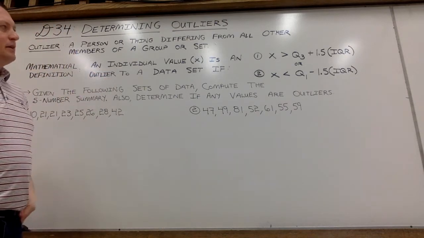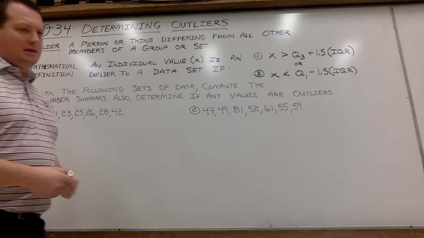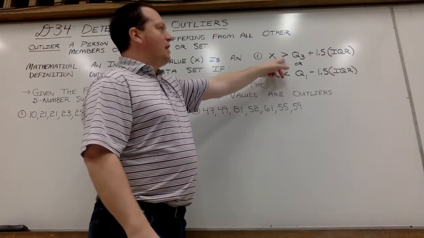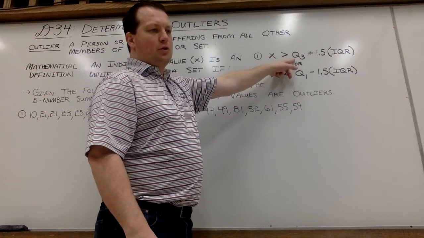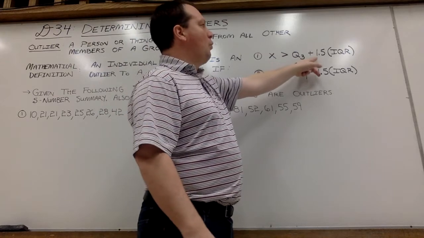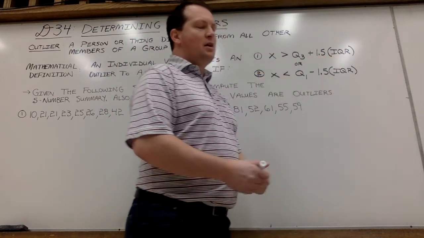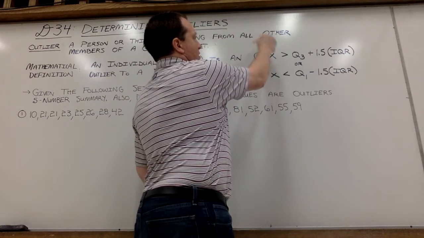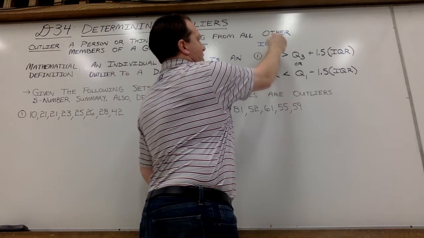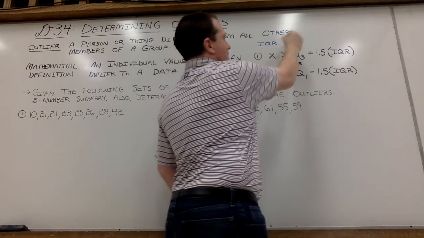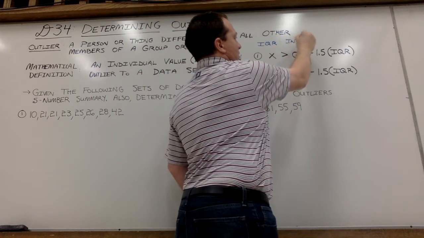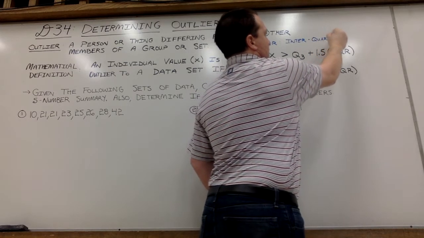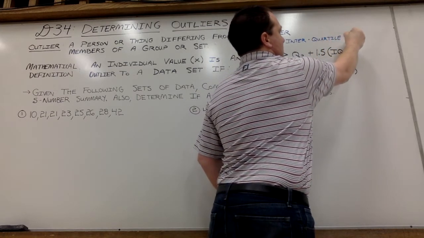But mathematically defined, an outlier is a value that is greater than the third quartile value plus 1.5 times what we call IQR. Now, IQR, that definition is what we call the interquartile range.